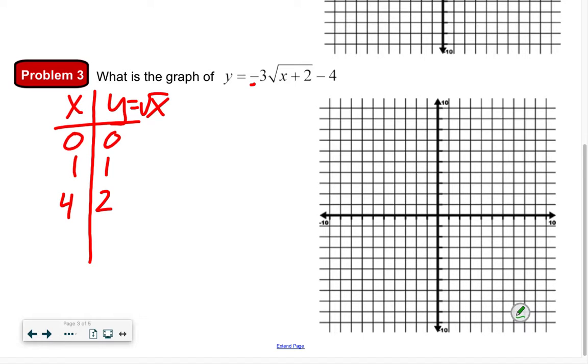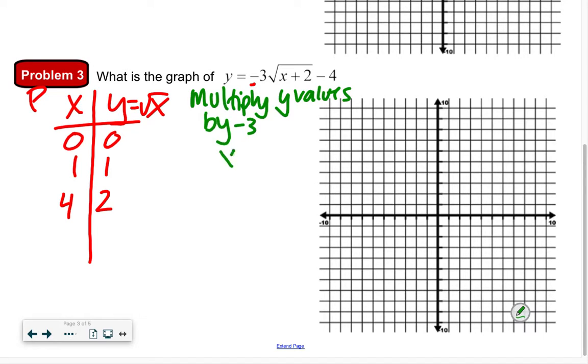So this is our parent. P for parent. First thing we're going to do is multiply our y values by negative 3. So I still have the same x values.